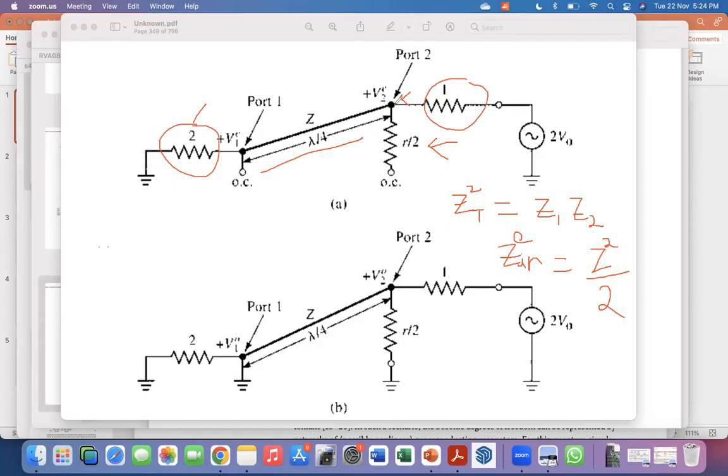So from this point of view, the entire circuit looks like 1 ohm to ground, which is basically the matching condition. Okay. So that's one of the places where you get that this transmission line section in the middle, the quarter wave section, has to have a characteristic impedance of square root of 2, which in reality means square root of 50 ohms, whatever is the characteristic impedance you're working in. Here, in the normalized unit, you want Z equals square root of 2.